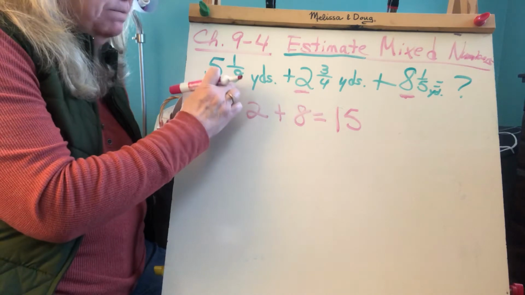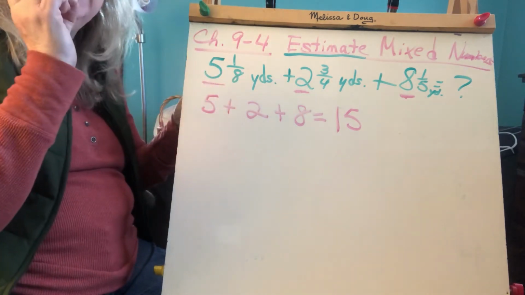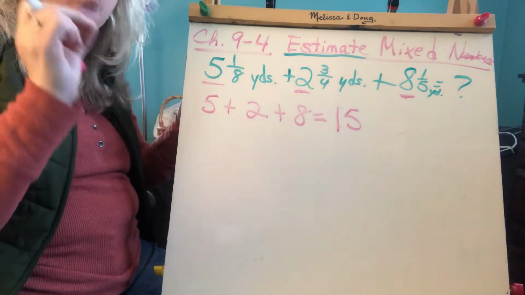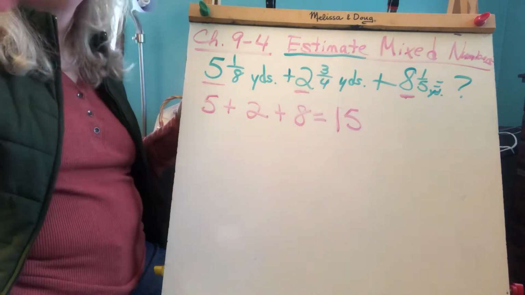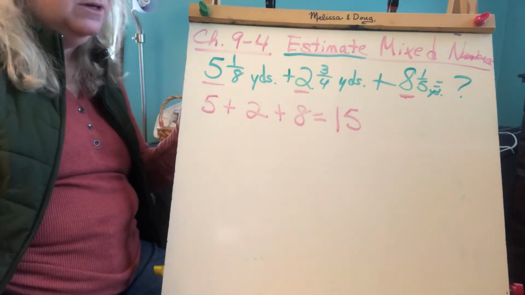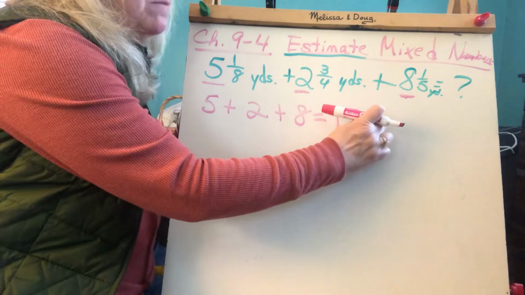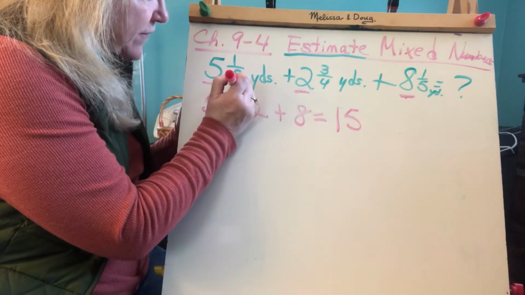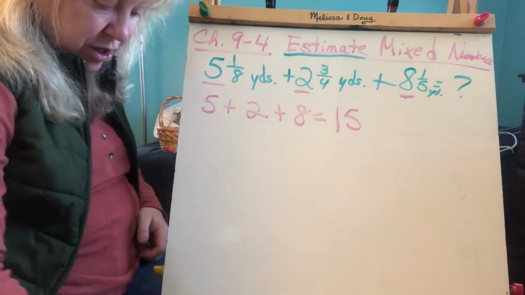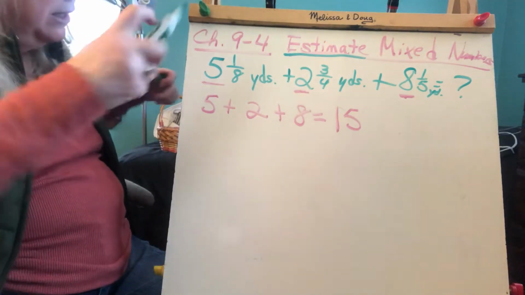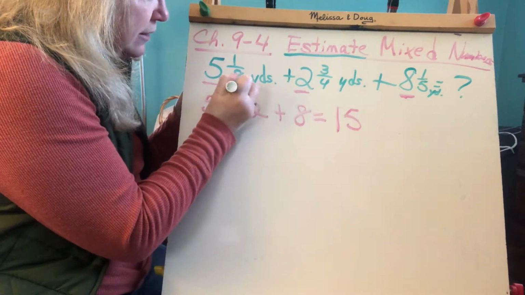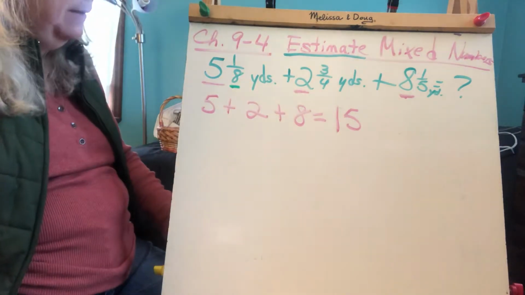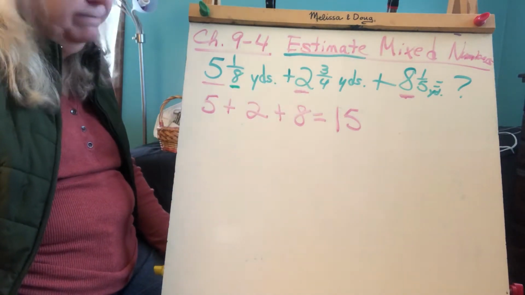If the fraction part is equivalent to 1/2 or larger than 1/2, then you have to add one more to your estimate. So let's look at this first one, 1/8. Let's change the color and go to green. Let's say we're looking at this first part, okay? 1/8.